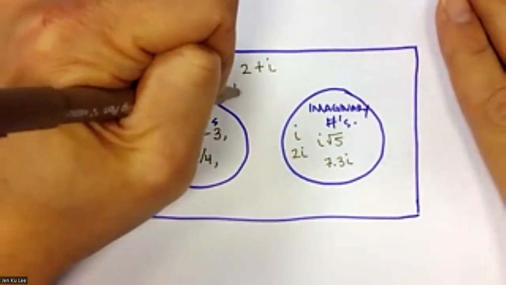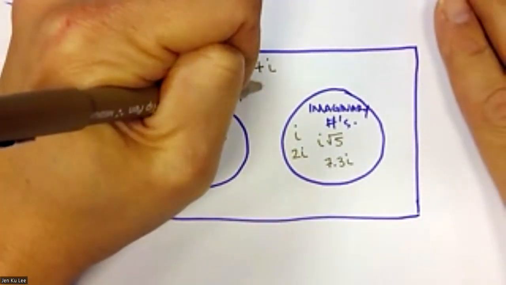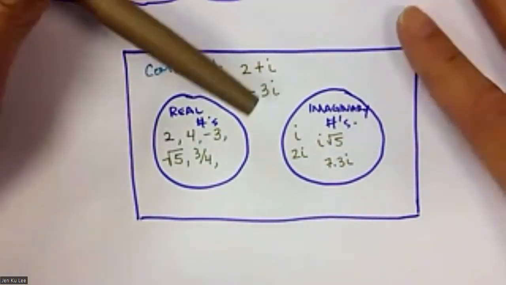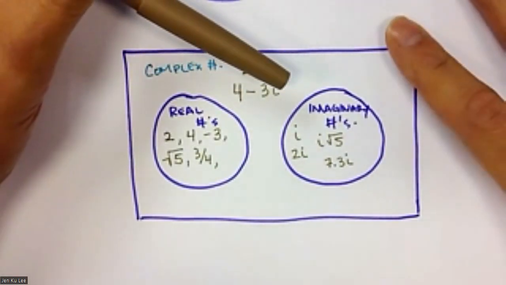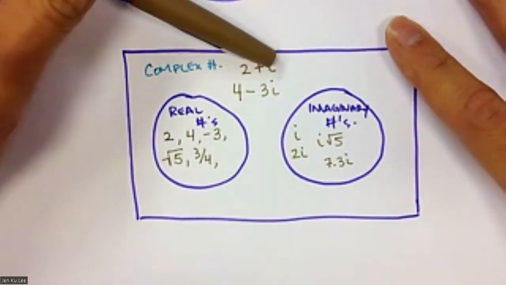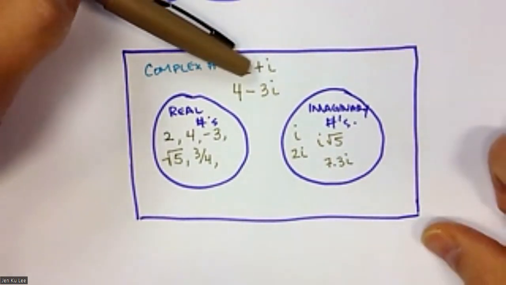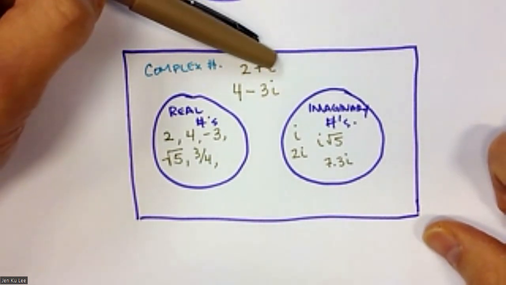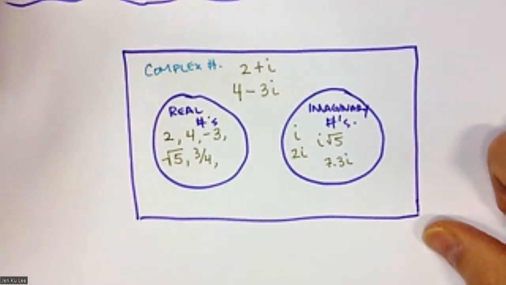All right, 4 minus 3i is a complex number because it has a real number and it has an imaginary number, and we're subtracting them. 2 plus i is a complex number because there's a real number, a 2, an imaginary number, i, and we're adding them, right?